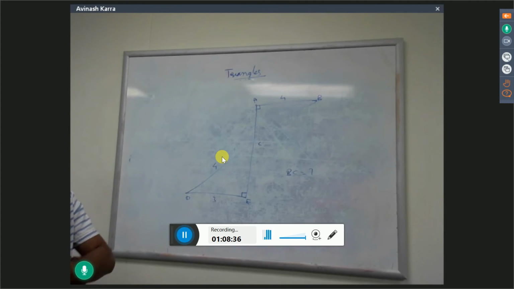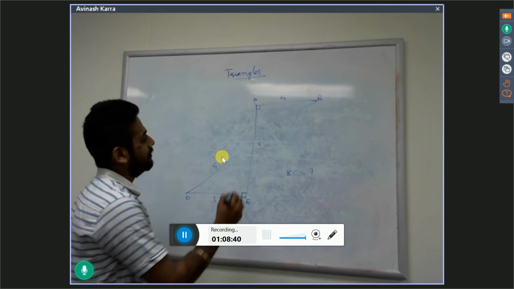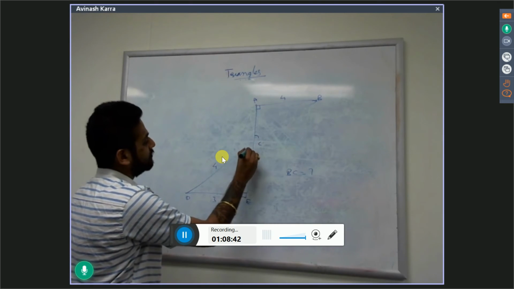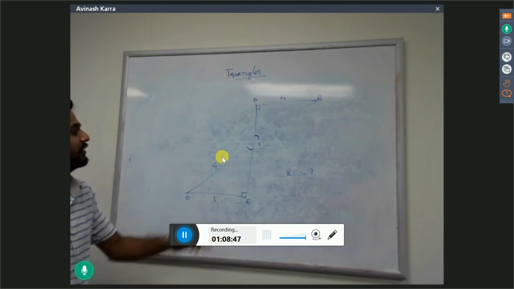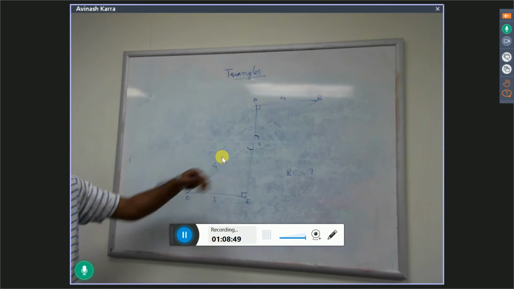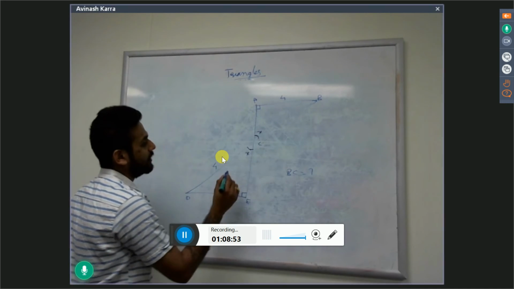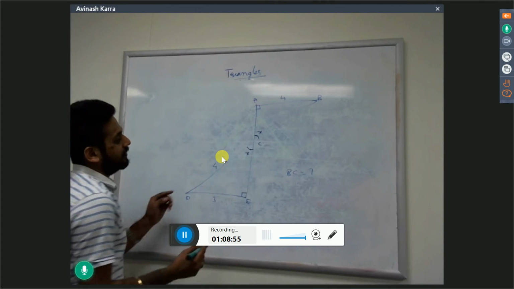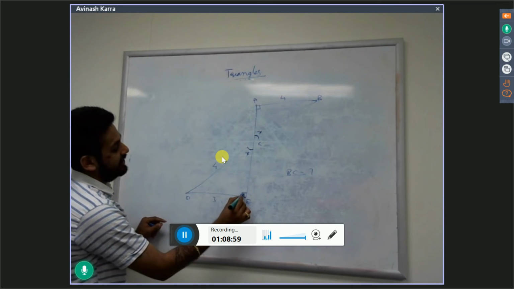Could you explain how to do this one? Yes, sure. See, what are these two angles? They're equal, right? This will also be x, right? And this is 90.